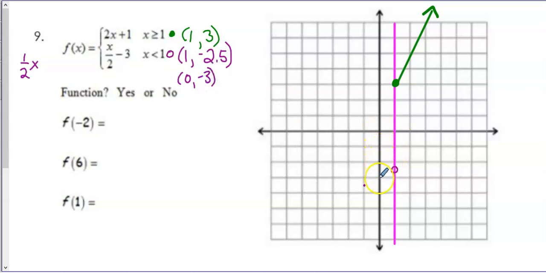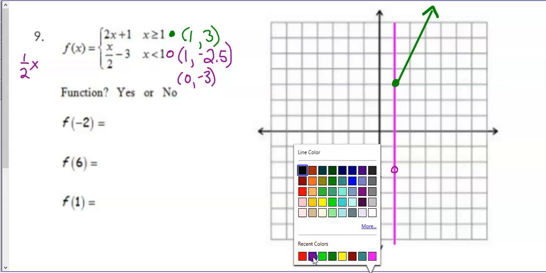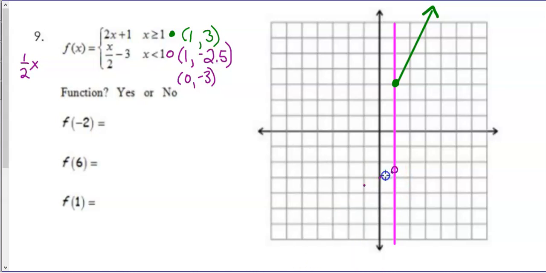That kind of looks like it's in the same line right there. So I'm going to go with that and just trust that I've done this correctly. So it's going to go from there, kind of like that. Then put my arrow here. Okay, so that's what that function looks like. Is it a function? Yes, this one is also a function.